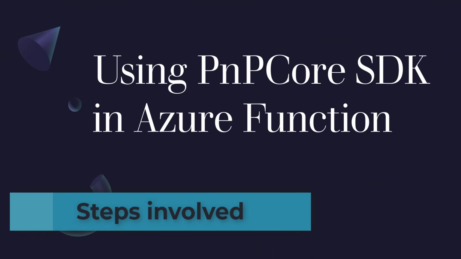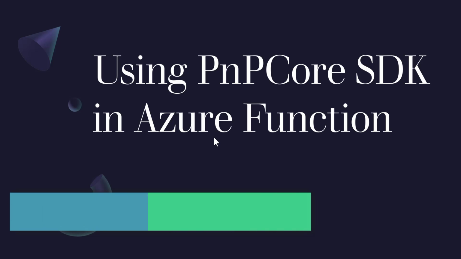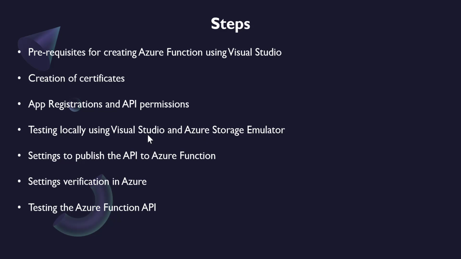Now let us see the steps that we are going to perform in this video. So first, let us see what are all the prerequisites for creating Azure Function using Visual Studio, and what are all the tools you need to install. Second is the creation of certificates.